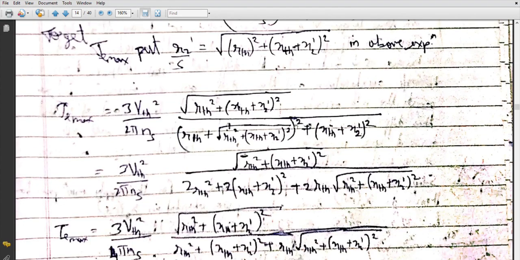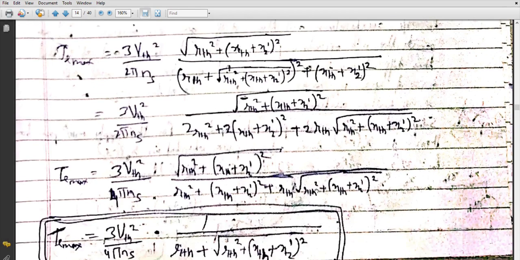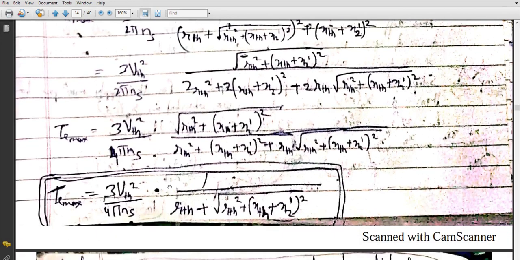When you open it, this gives you RTH squared plus, as the root disappears, twice RTH into this term, plus this term. The root disappears, giving RTH squared again, so RTH squared plus RTH squared gives twice RTH squared, and this plus this gives twice of (XTH plus X2 dash). From here you can take this as common, so this and this cancel out, and finally you obtain the expression for your maximum torque.